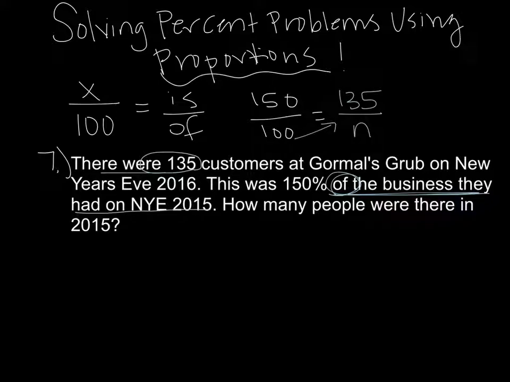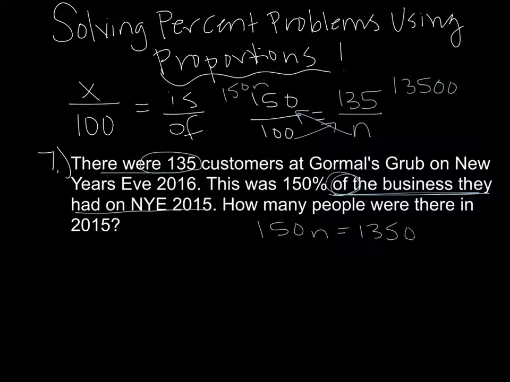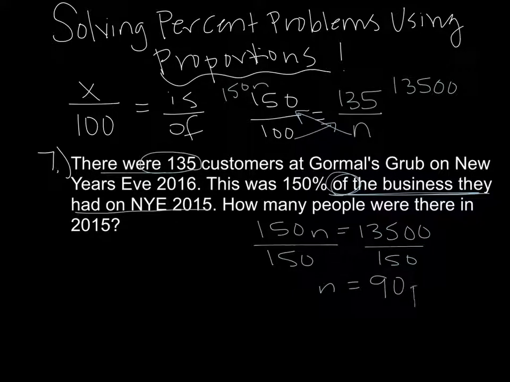So again, 100 times 135 is 13,500, basically meaning put 2 zeros on the end. And then n times 150 is 150n. So 150n equals 13,500. Divide both sides by 150. On my calculator, I will do 13,500 divided by 150, and I get 90 people.